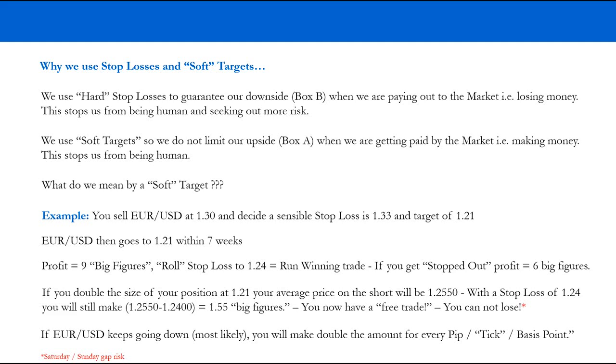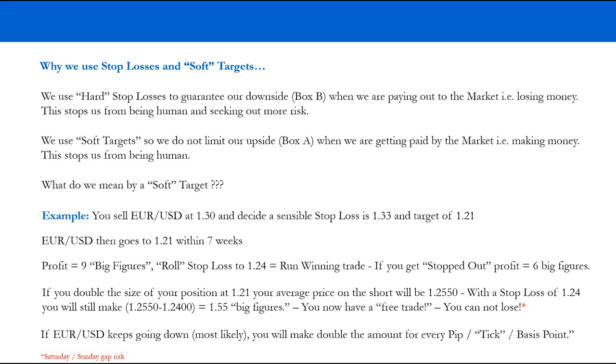And the same on shorts. If you short an asset at 100 and you enter a hard stop loss to guarantee your downside, where if the asset trades at 108, for example, you trade out automatically. You pull from box B. So when you're paying out to the market and losing money, it guarantees you what your loss is, so you know before you enter the trade what your maximum loss is going to be.